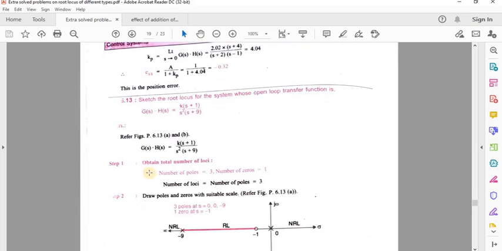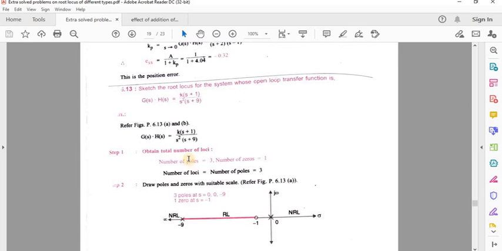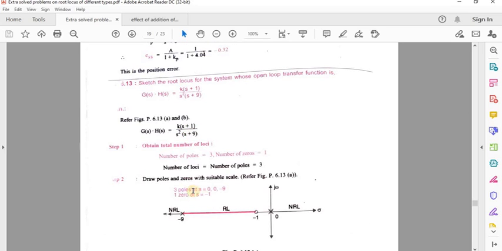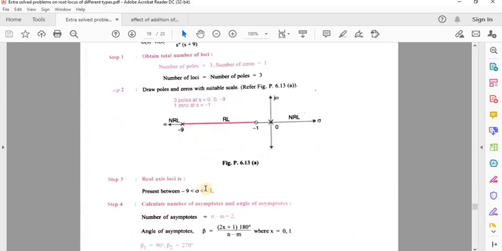Now the next example also consists of simple poles and zeros: three poles and one zero. The first pole is at 0, the second pole also at 0, the third pole at minus 9, and the zero at minus 1. You can solve it, a simple problem.